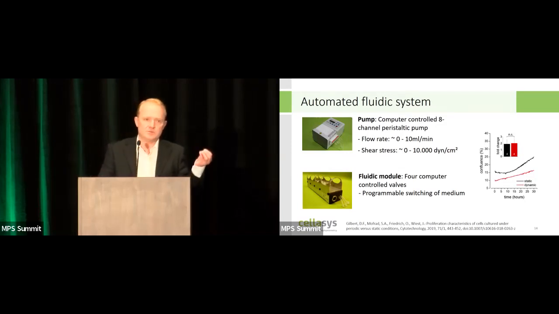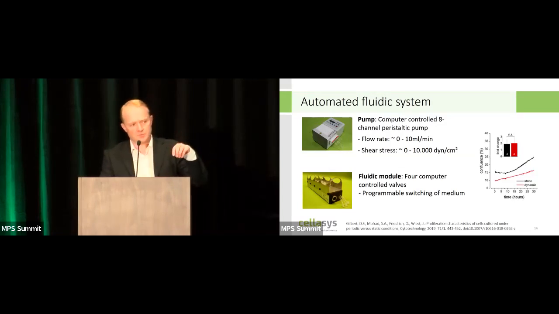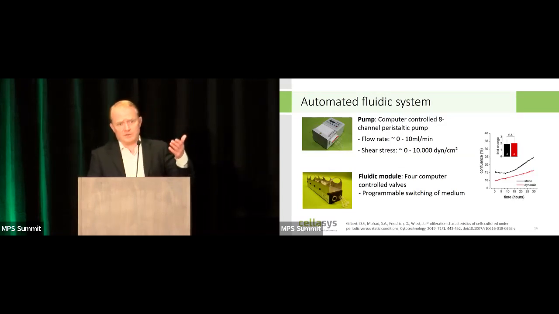of the differences between a static fluidic system and a dynamic fluidic system. So most of us will just have their cells in a cell culture incubator and feed them twice a week, which basically is static. But we know that we are human beings, and if we would just eat twice a week, that would be problematic.